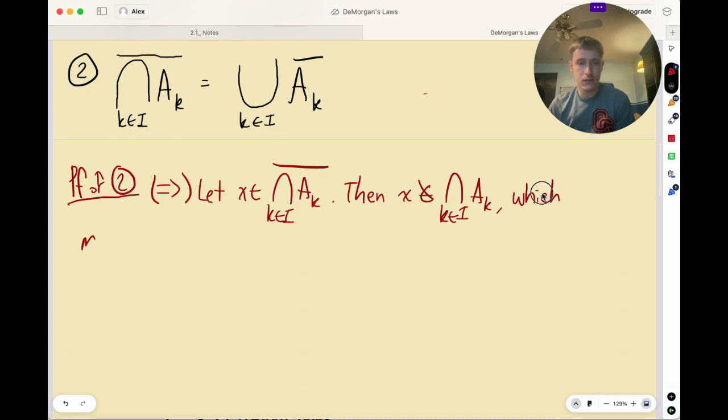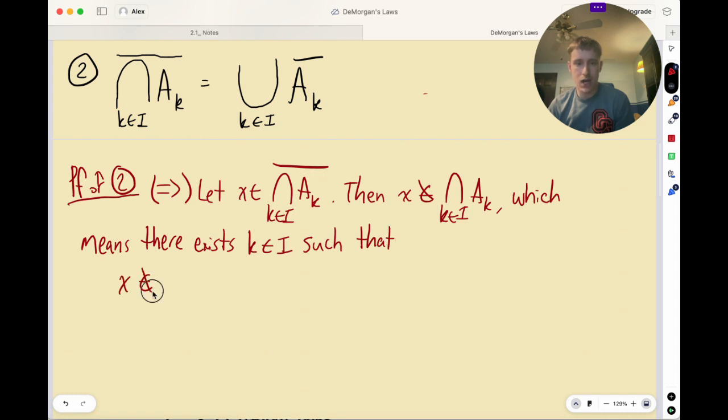Okay, so this means that there exists k in I such that x is not in A sub k. It's not in at least one of them. If x is not an element of A sub k, then x is an element of its complement. And if it's an element of this complement, let's think this through for a second.